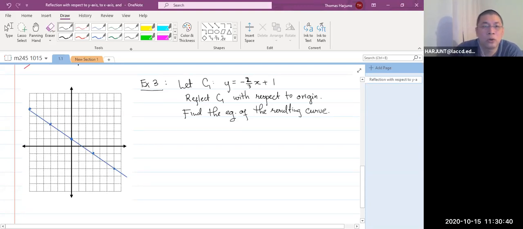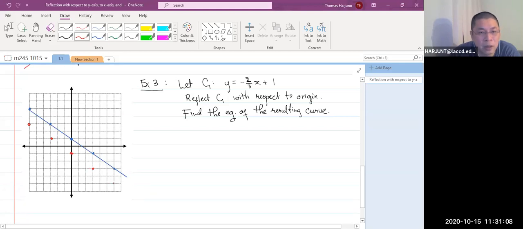So let's see. If I do it point by point, this point I reflect with respect to the origin, this point I reflect with respect to the origin, this point (6, -3) becomes (-6, 3). (-3, 3) becomes (3, -3).